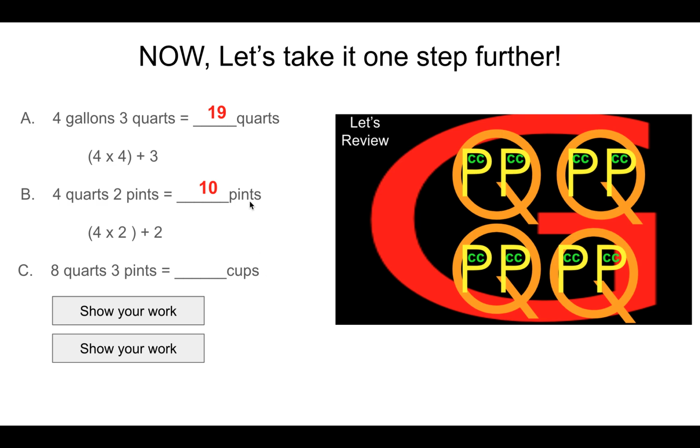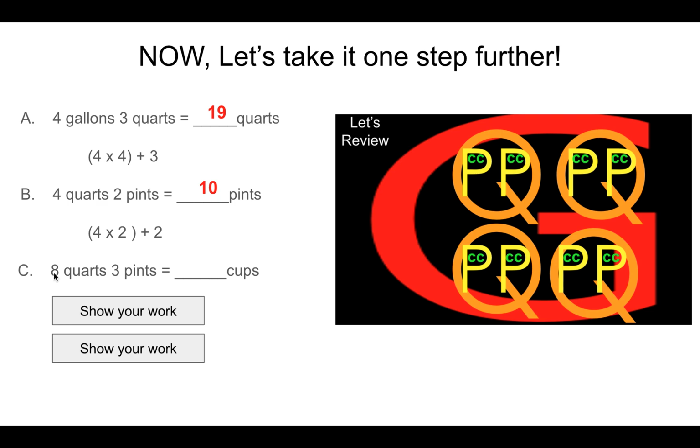In the last problem, I saw pints and pints here, so all I had to do was add on. In A, I saw quarts and quarts here. All I had to do was add on. But in here, it's all different measures. So there's quarts, pints, and cups. But I need to make sure that everything is going to be converted to cups.